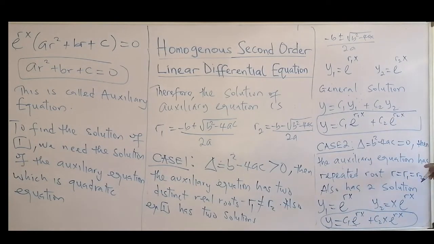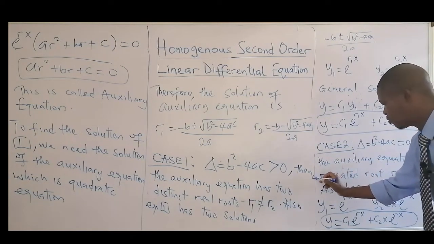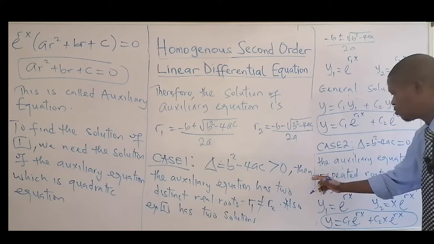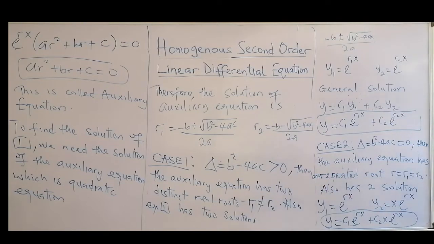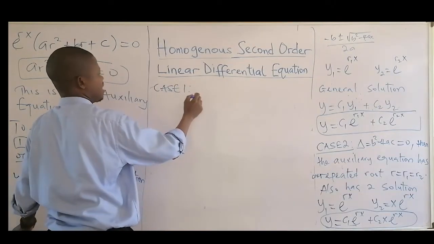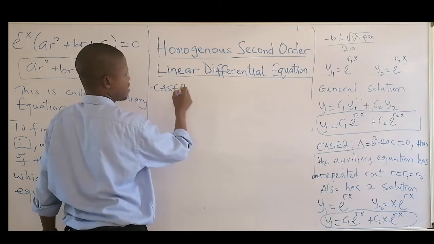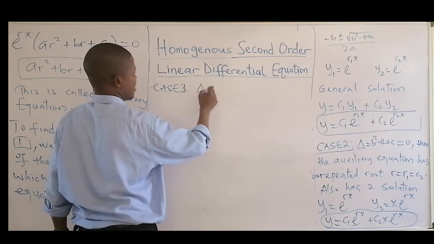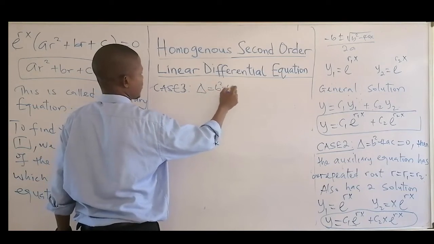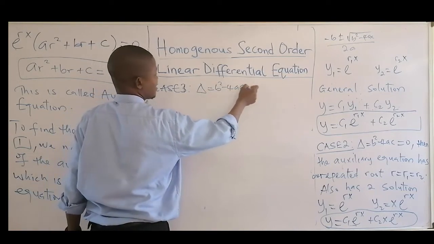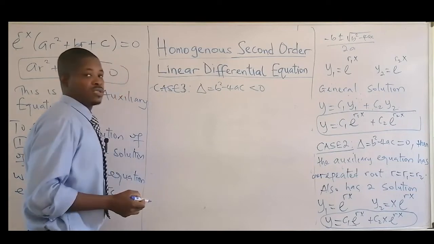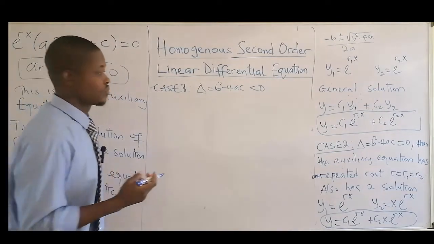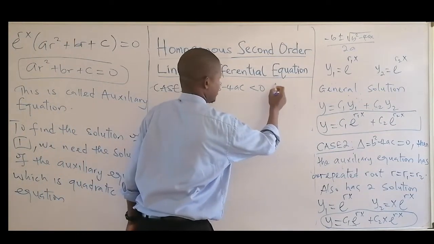In addition to this, that equation has one repeated root. Case 3 is a situation where your discriminant, b squared minus 4ac, is less than 0.